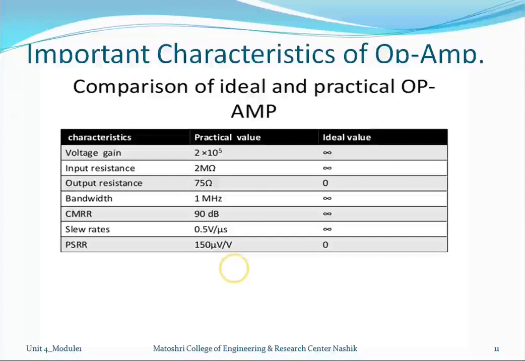In some books the alternate name is also PSS, that is the power supply sensitivity. So this PSRR is the ratio of change in input offset voltage per unit change in supply voltage, which is 150 microvolt per volt for the practical value, and for the ideal op-amp it's 0.